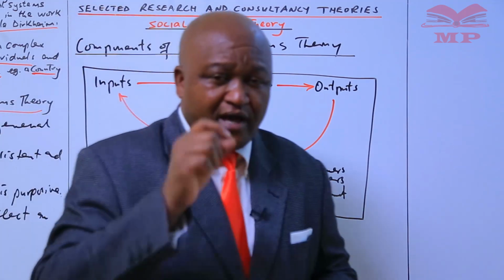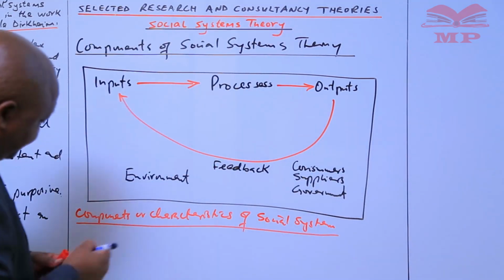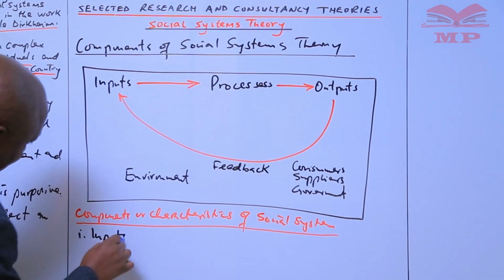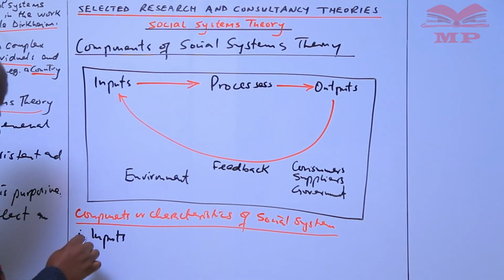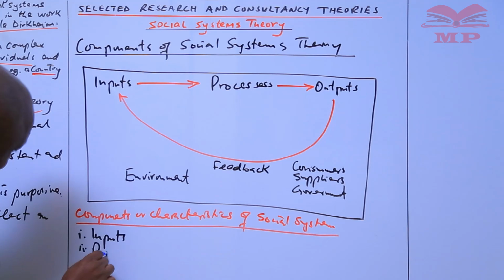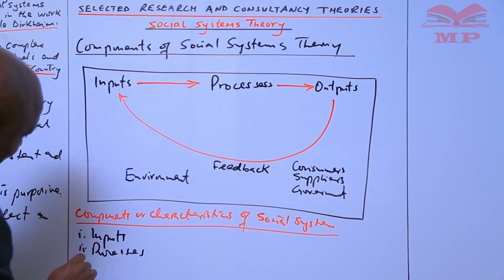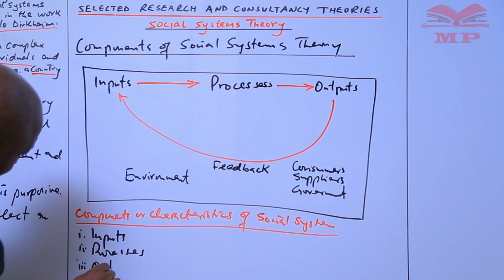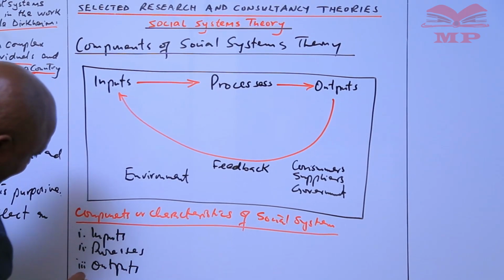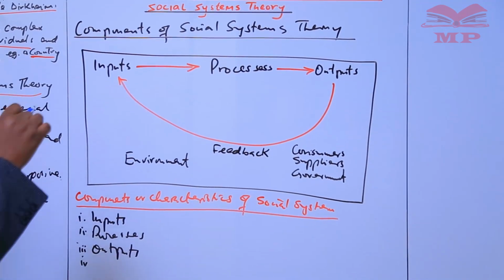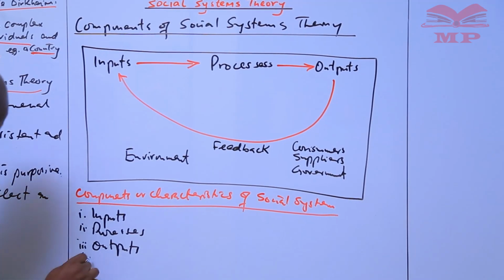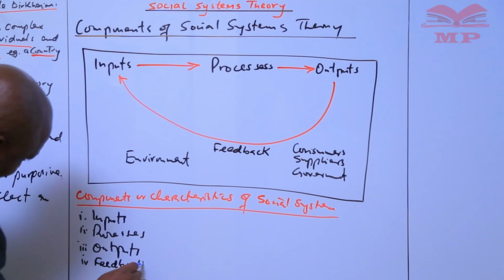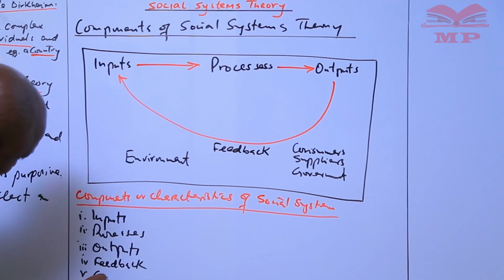We have indicated: one, you have the inputs. Two, you have processes. Three, you have outputs. Four, you have feedback. And then five, you have controls.